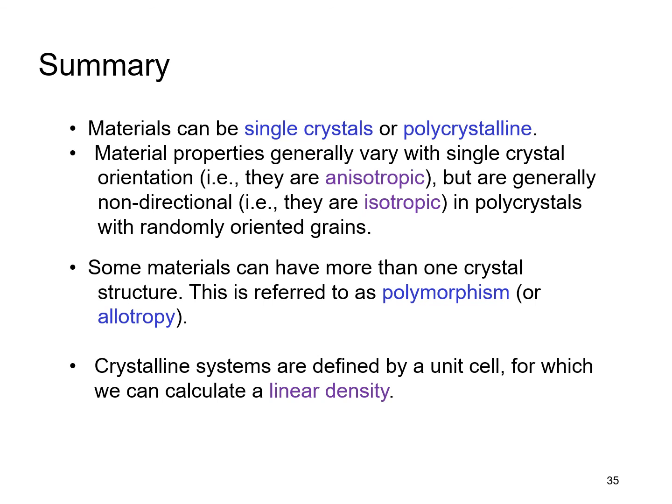Some materials have more than one crystal structure. This is referred to as polymorphism or allotropy. And finally, the crystal systems are defined by a unit cell, for which we can calculate a linear density. And with that, we will wrap up chapter 3.